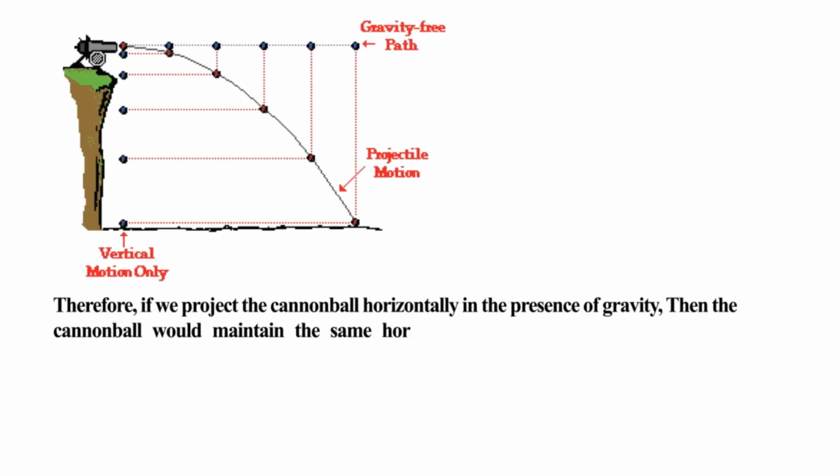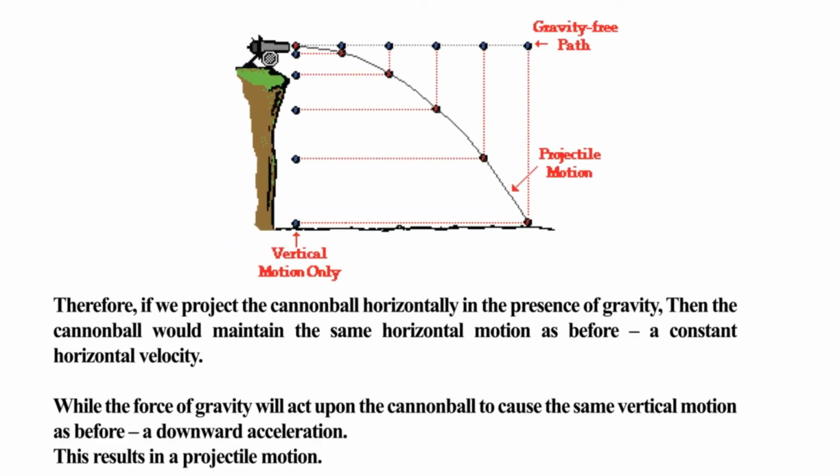Therefore, if we project the cannonball horizontally in the presence of gravity, then the cannonball will maintain the same horizontal motion as before, a constant horizontal velocity, whilst the force of gravity will act upon the cannonball to cause the same vertical motion as before, a downward acceleration, and this will result in a projectile motion.